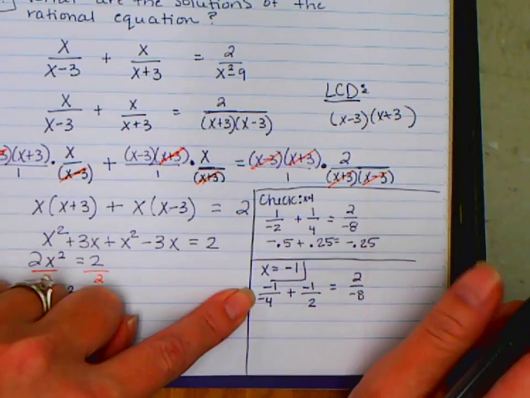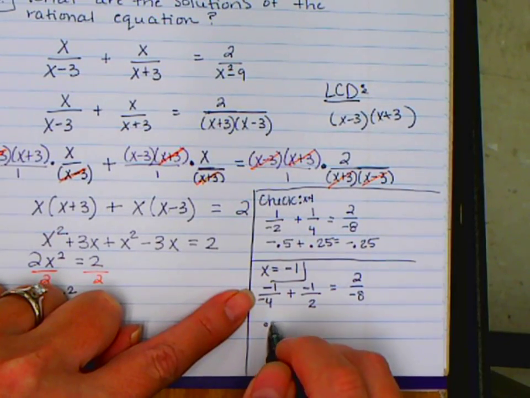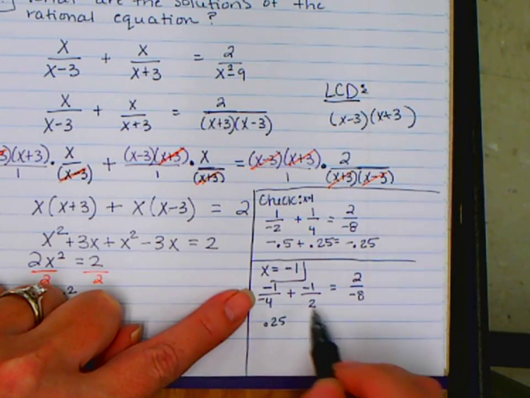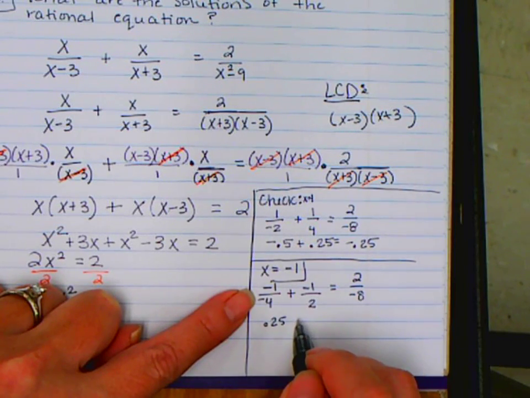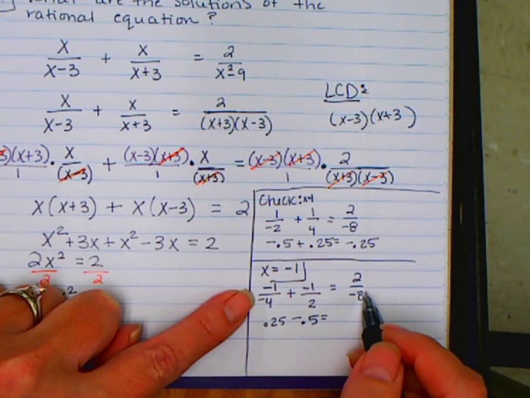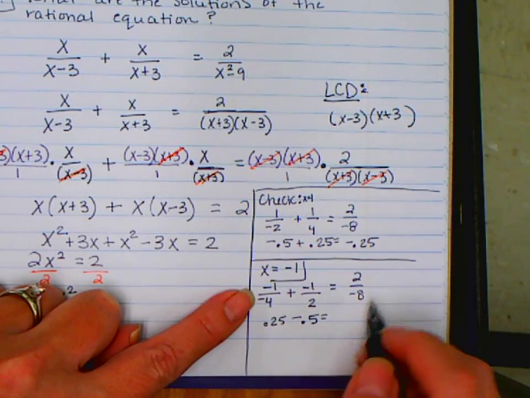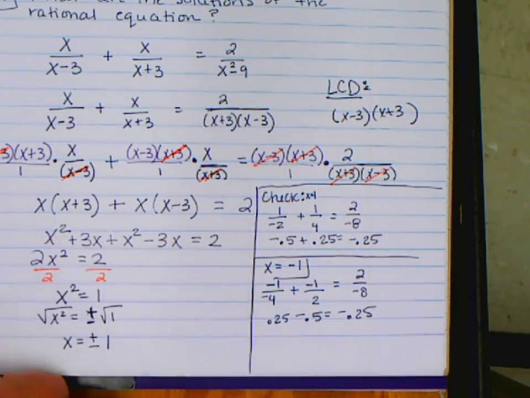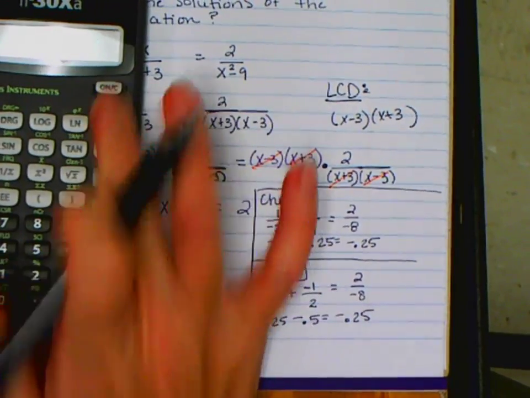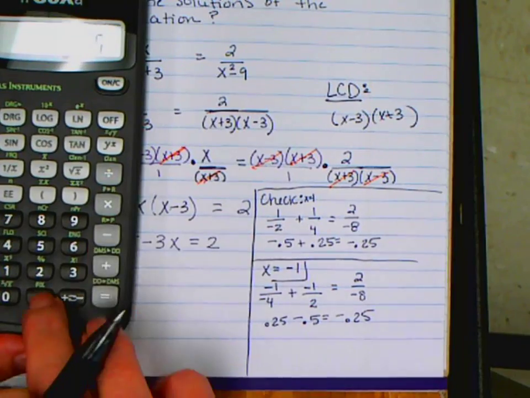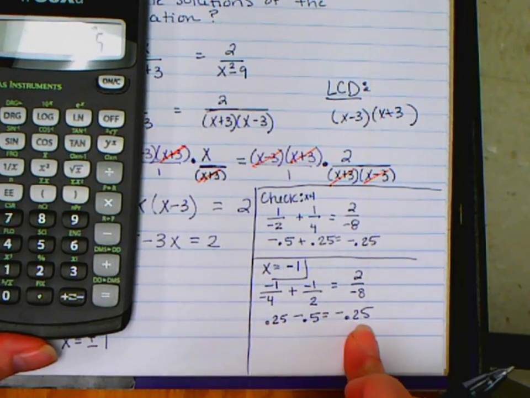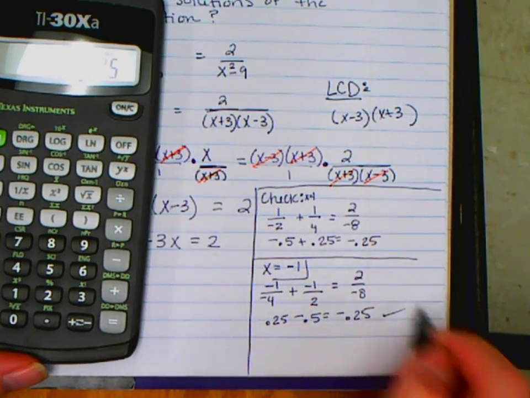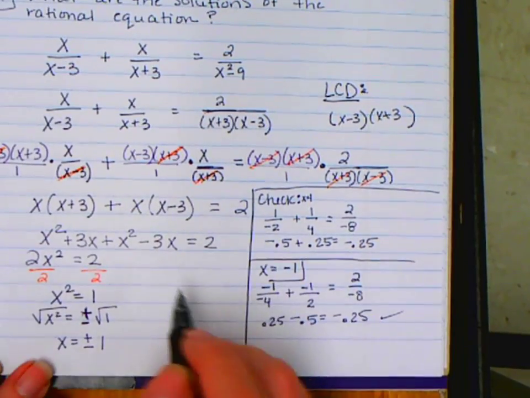I'm going to change it to a decimal, so positive 0.25. Negative 1/2 is negative 0.5, so I'm just going to put minus 0.5 equals negative 1/4, which is negative 0.25. Is that a true statement? 25 cents minus 50 cents is negative 25 cents. So they are both solutions.